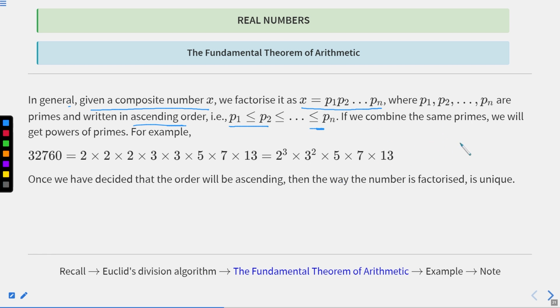If we combine the same primes, we get powers of primes.